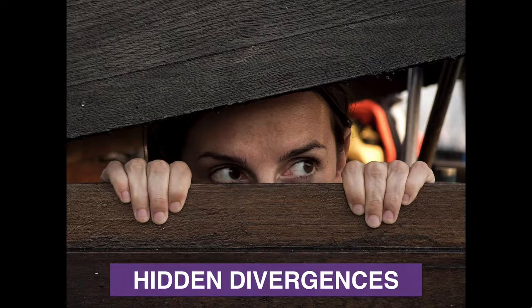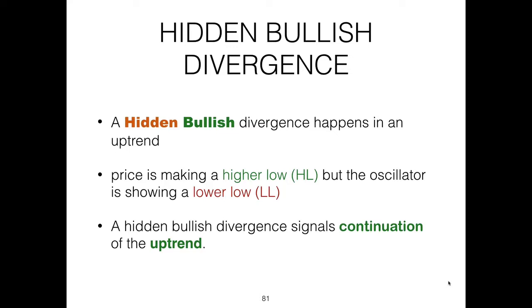If your existing trend is bearish, a bearish hidden divergence tells you that the downtrend will continue. These hidden divergences happen at correction or consolidation points within an uptrend or within the downtrend. So hidden divergences are the trend follower's best friend.